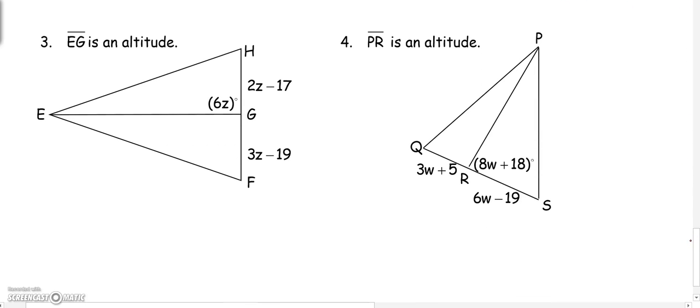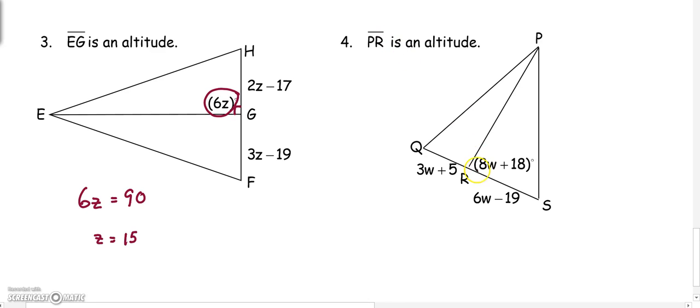So in these two problems, we now are looking at the angle, because the angle is what we know something's happening at. So we know here, by EGH, that it's a right angle because it's perpendicular, because EG is my altitude. So I know that this is 90 degrees, so 6z is equal to 90. When I divide by 6, I get that z is 15.